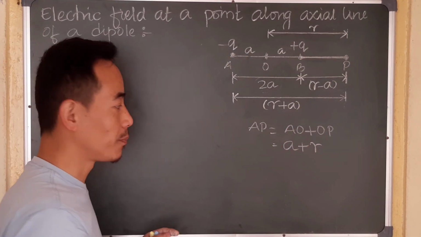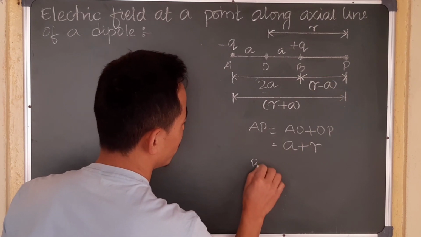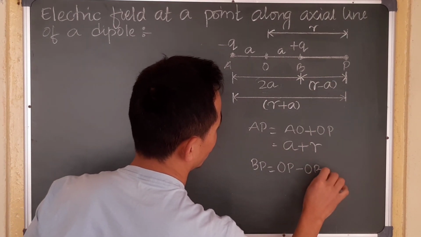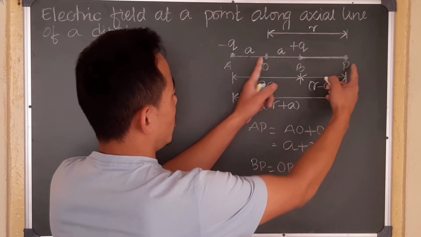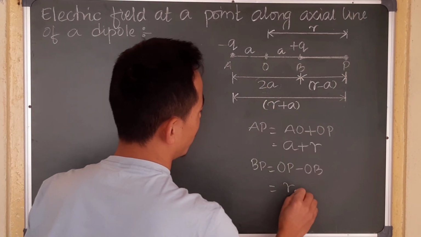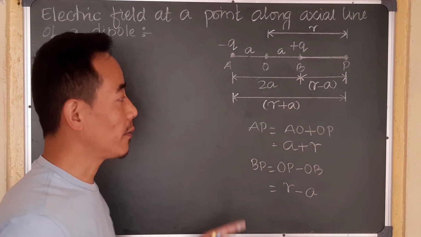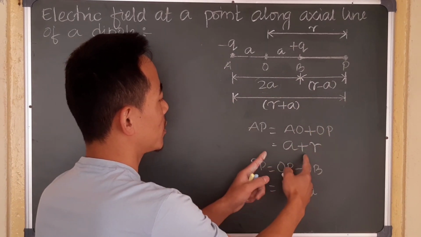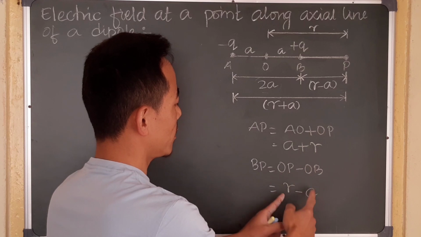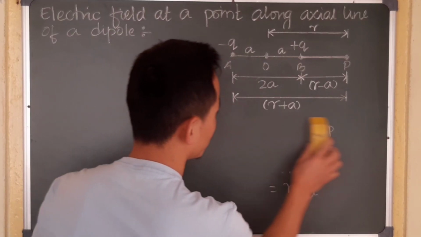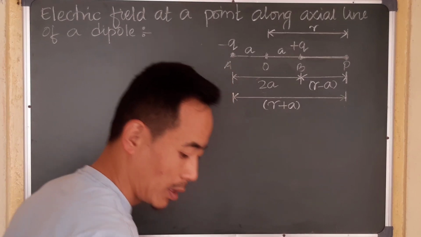Similarly, the distance BP we can write as OP minus OB. OP is r minus OB, which is a. That's why we have this distance AP as r plus a and this distance BP as r minus a. I hope this is clear now. So let's go to the derivation.